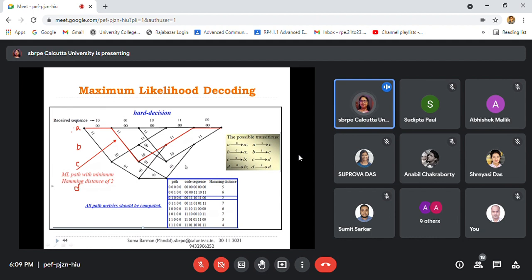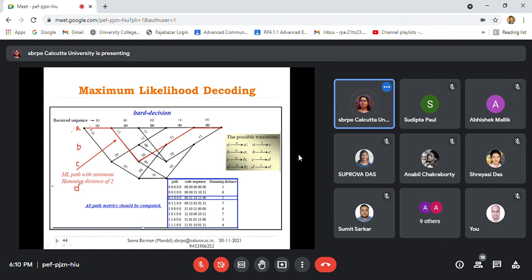So we are considering the code word sequence of all zeros. For this case, all input should be 0, because it is remaining in the same state A as the time advances.